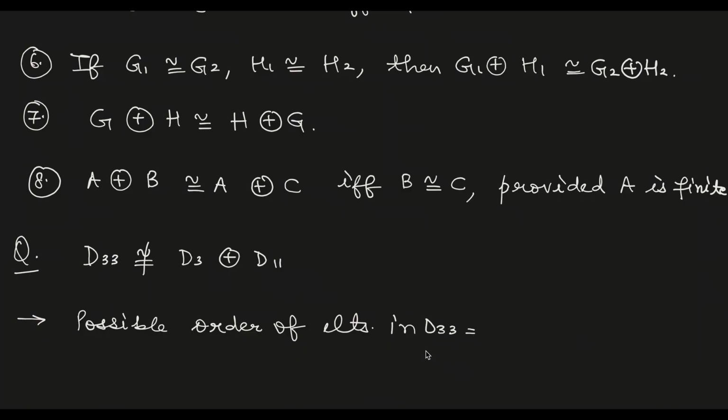Divisors of 33, one second, its order will be 2 into 33, which is 66. So possible orders of elements in D33 will be 1, 2, 3, 11 and 33.